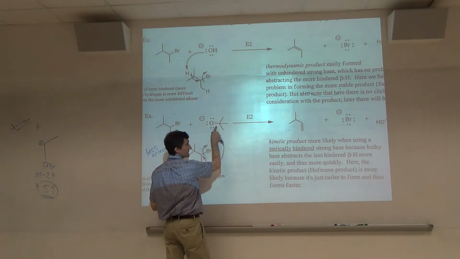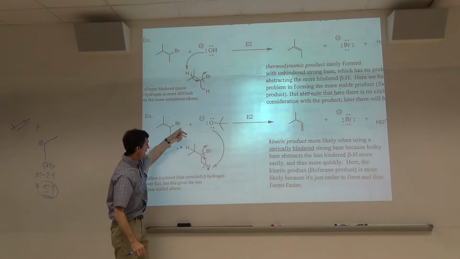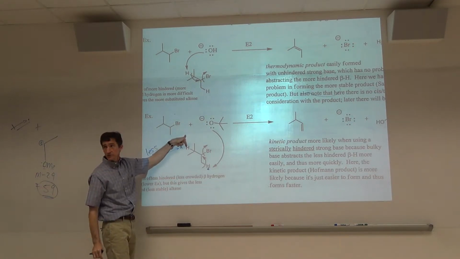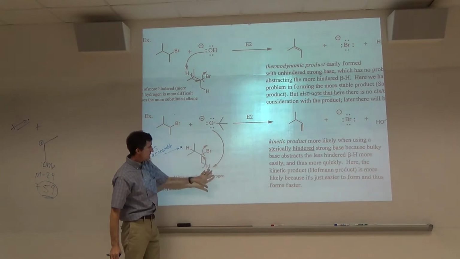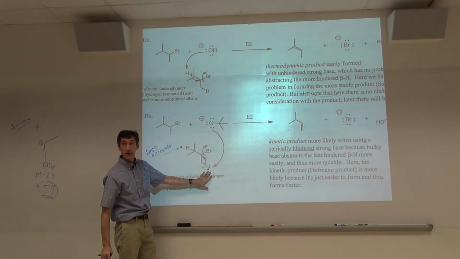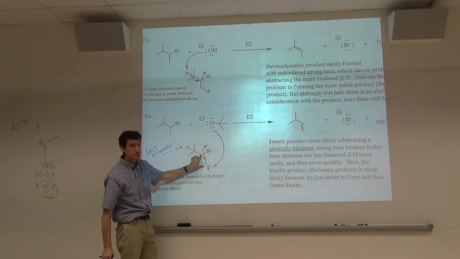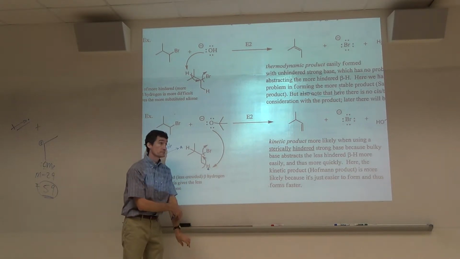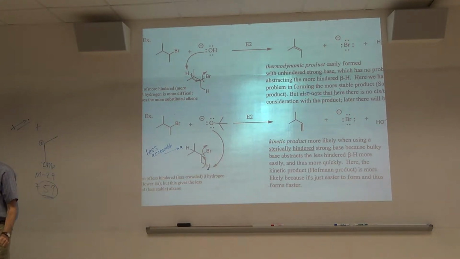So now we have a sterically hindered base. It's more bulky. It's going to have more difficulty getting to that H. The more bulky your base, the more prone it is to take the more accessible hydrogen. But if you take that H, which product do you make? You make the Hoffman. The more sterically hindered your base, the more likely you are to get Hoffman.